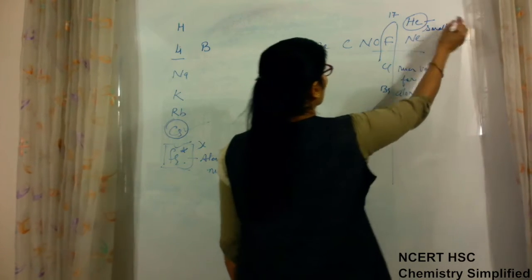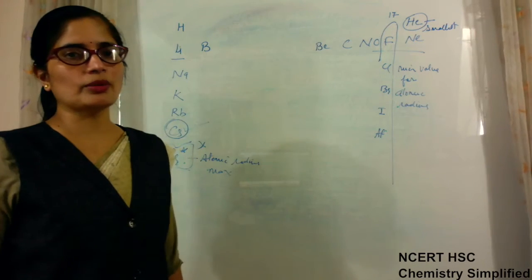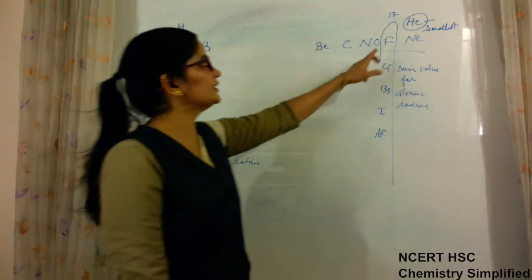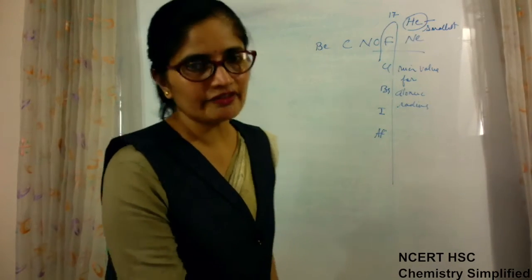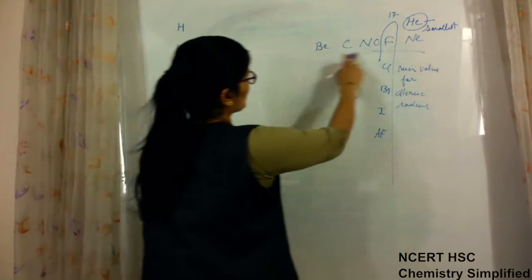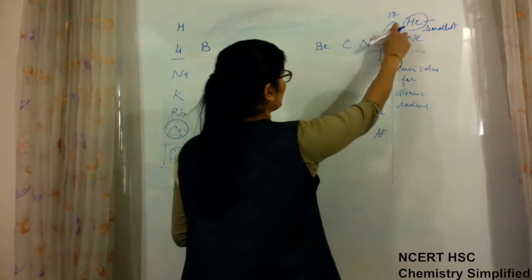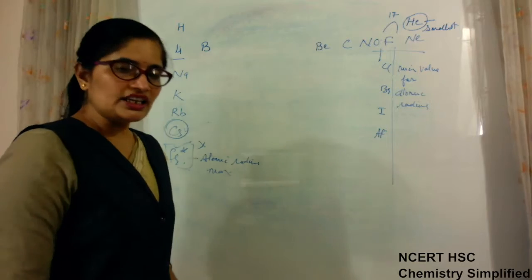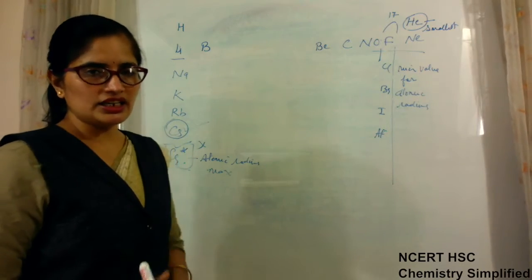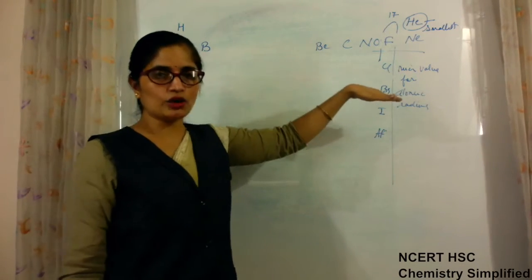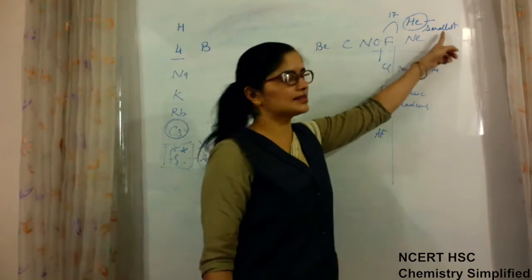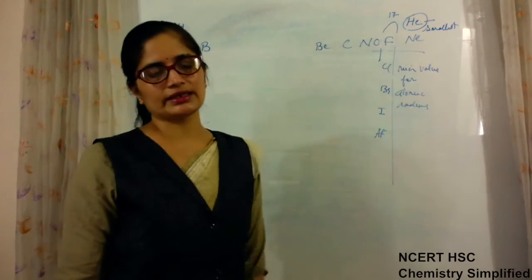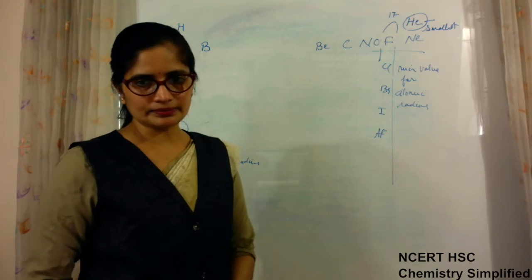Okay. So when it comes to the smallest value of atomic radius, the element is helium. But in a particular period, each halogen atom has the minimum value in each individual period. Is it clear? Overall in the whole periodic table if you are asked, then helium has the smallest value for atomic radius. Is that clear?